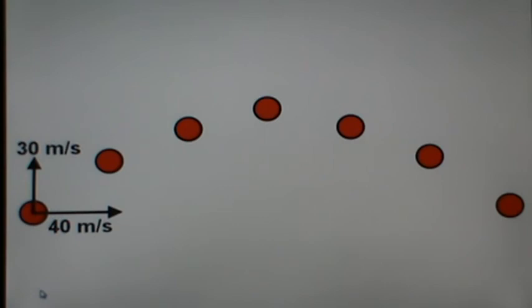Now, the ball has an initial velocity in the y direction 30 meters per second, and it has an initial velocity in the x direction 40 meters per second. We can find the highest point here from the ground.